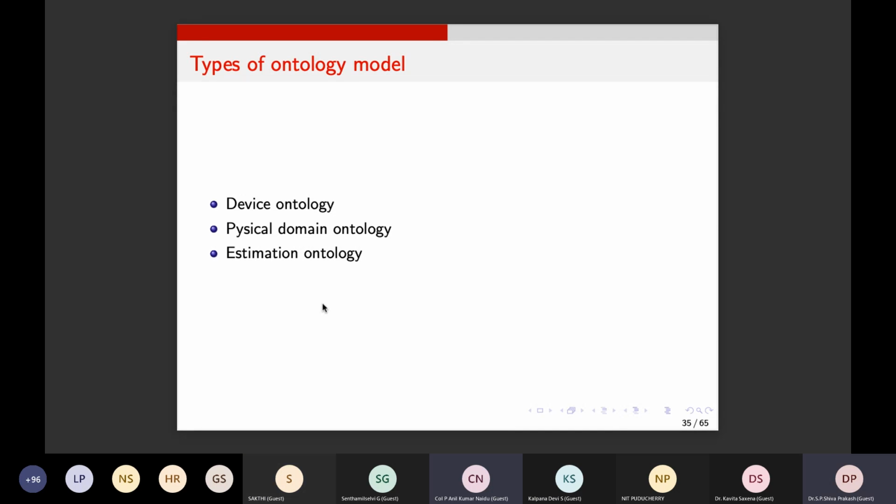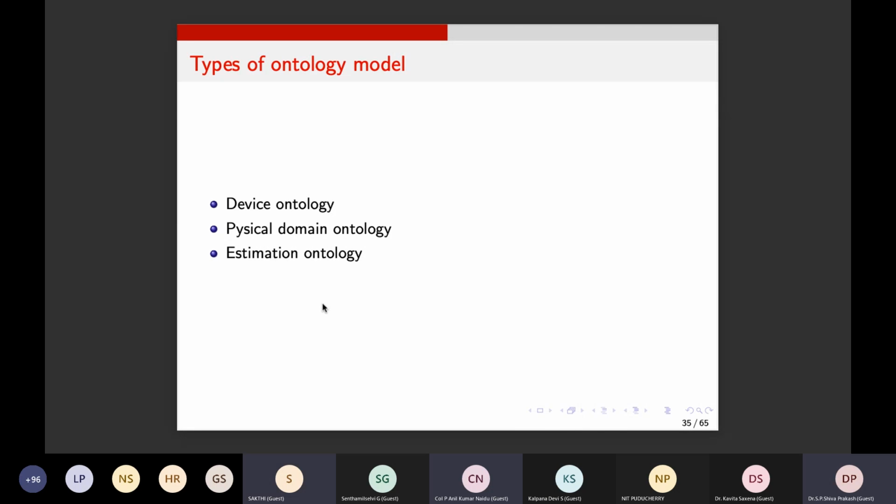The device ontology models are basically the actual hardware devices that may exist in the network. What we are trying in the ontological model is like building a specification. How many devices are connected to this particular application?